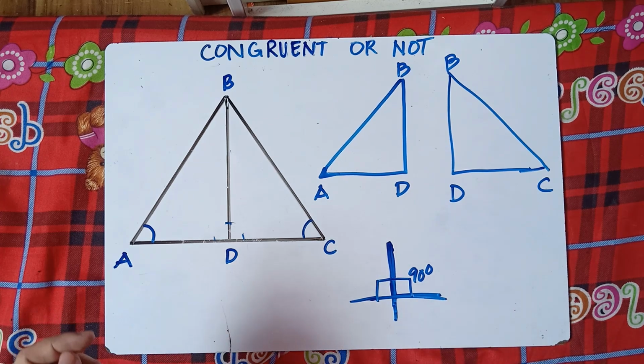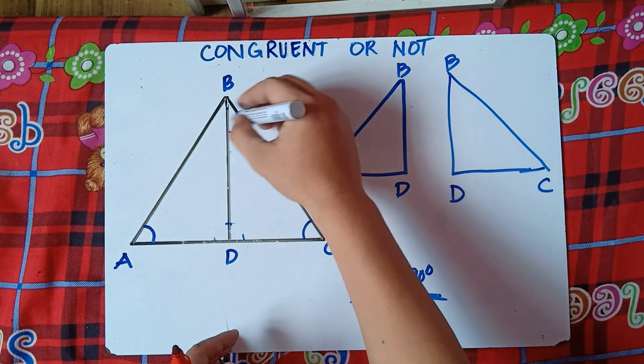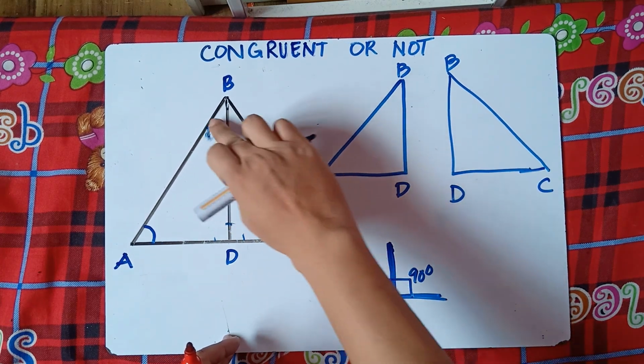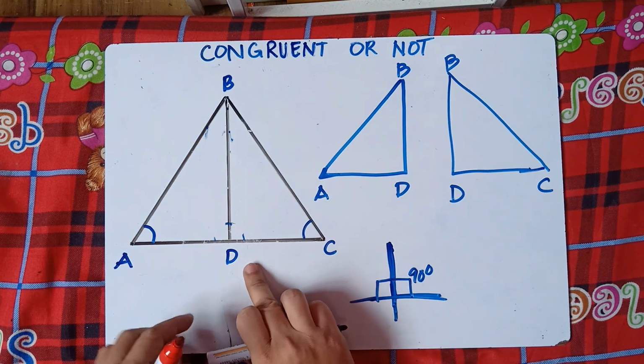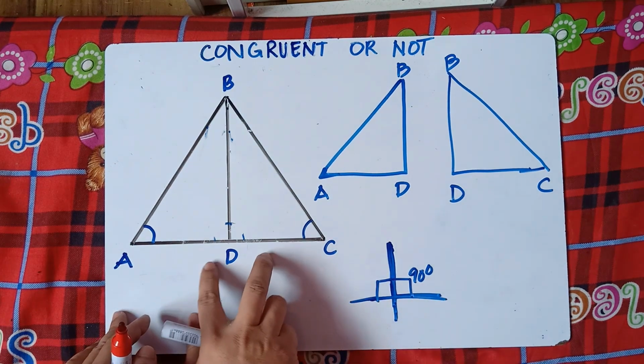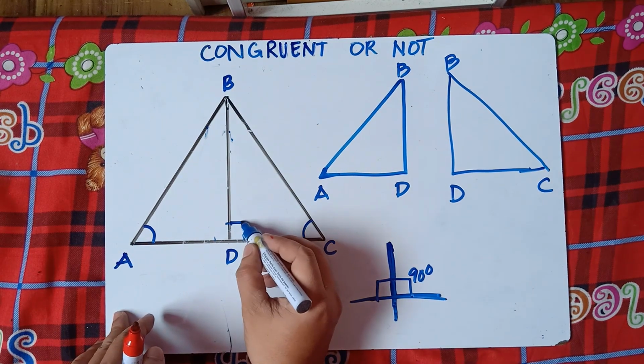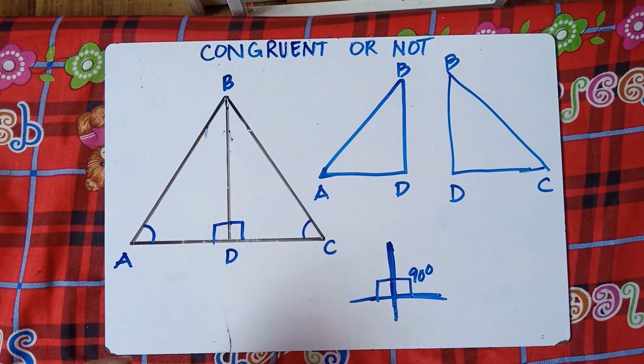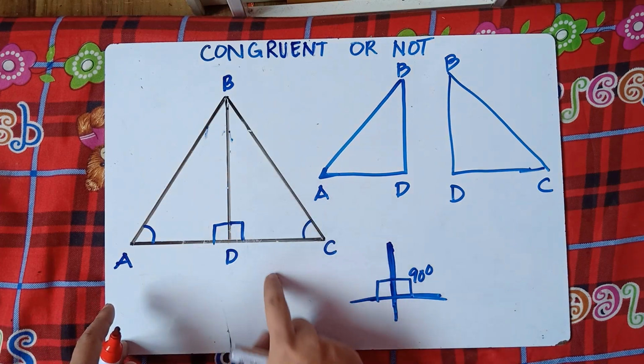You check the illustration, class. Is there an angle which is the same? We cannot conclude that this angle is the same with this angle. No, you cannot do that. But in this given scenario, we know that this angle right here should be equal to this angle right here because of these perpendicular lines.